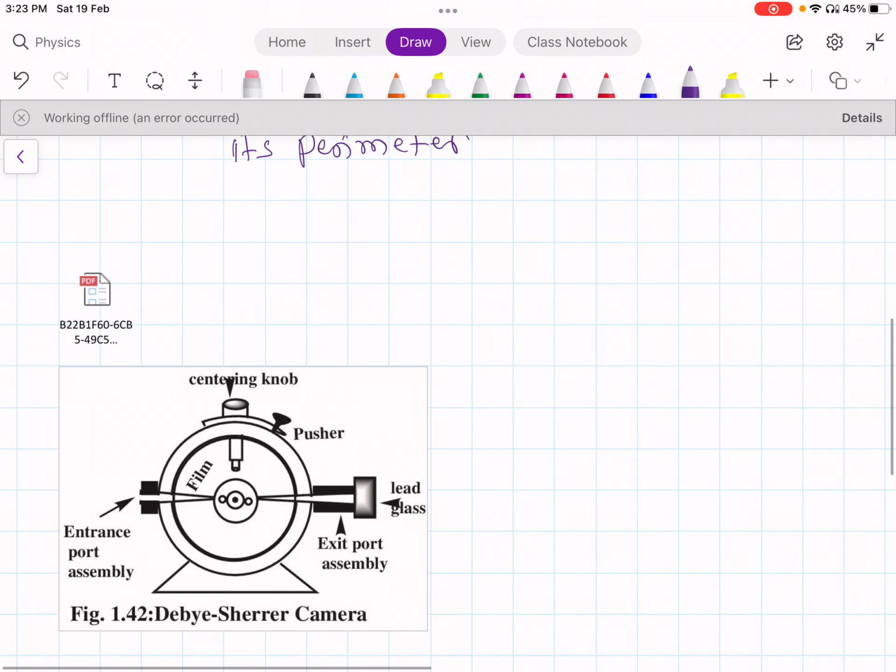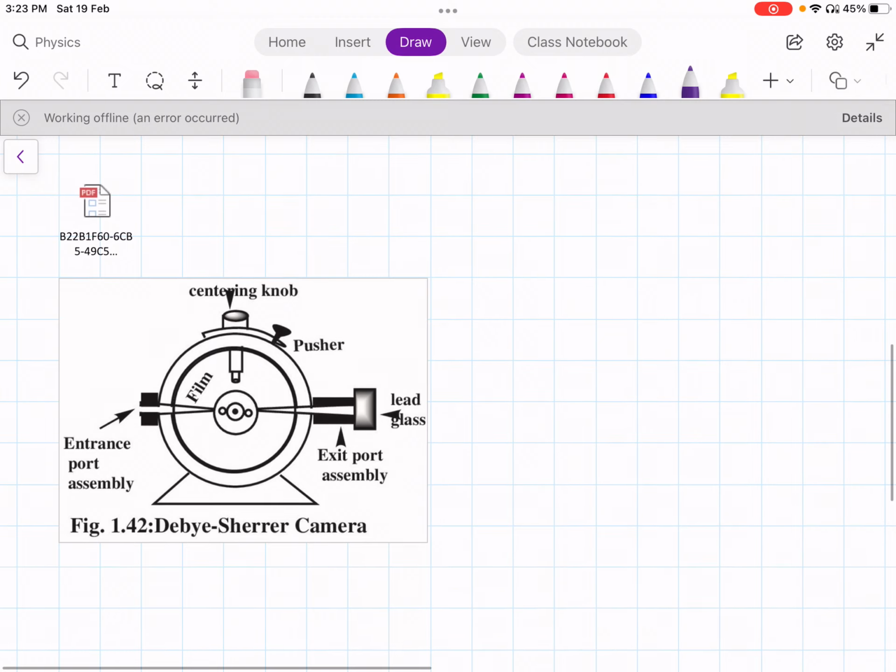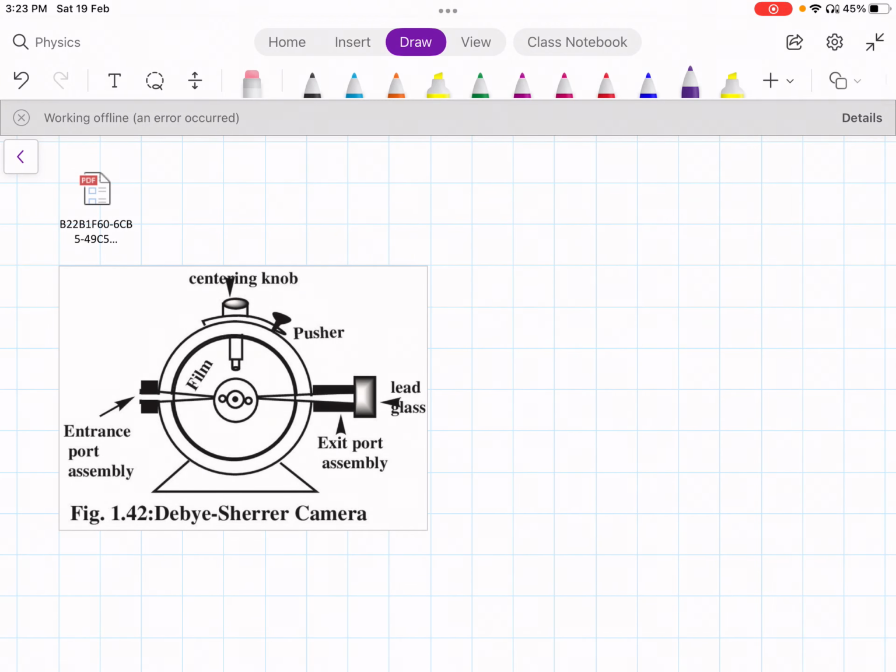Here is the diagram of the Debye-Scherrer camera. What you see as the circular shape is actually the cross section of the cylinder. Its shape is cylindrical, and the cross section of that cylinder is shown in this diagram. As you can see, there is a film at the perimeter.